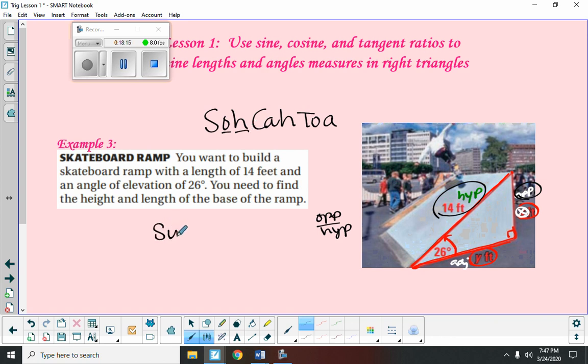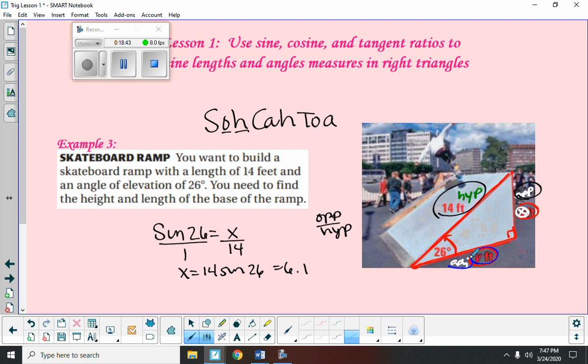So the sine of 26 equals the opposite, which is x, over the hypotenuse, which is 14. Now we cross multiply. X equals 14 sine of 26, which equals 6.1.